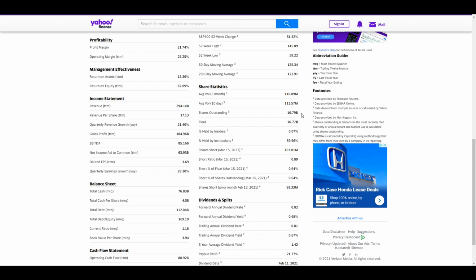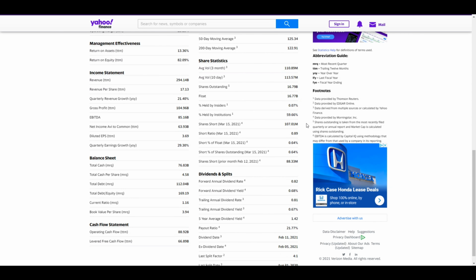Shares outstanding is 16.79 billion. These are the number of shares outside of Apple's possession. So 16.79 billion shares are held by retail and institutional investors currently. Percentage held by insiders is very minimum.